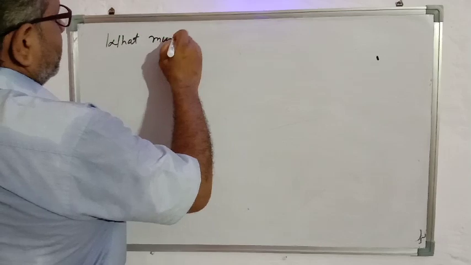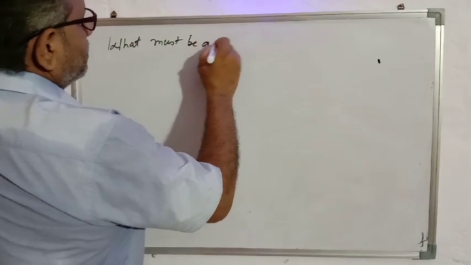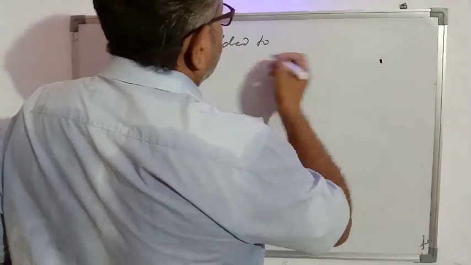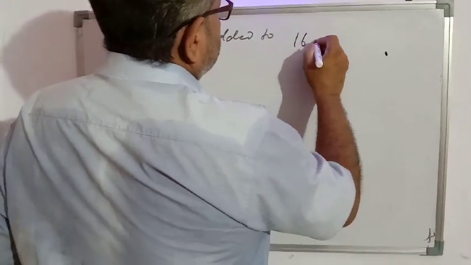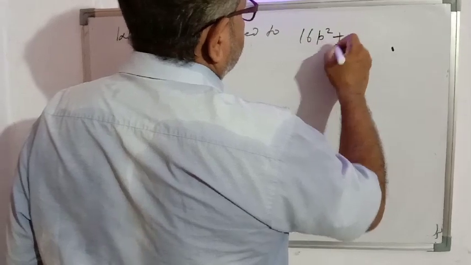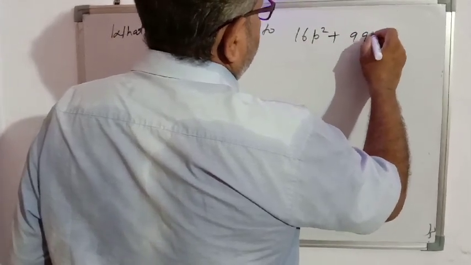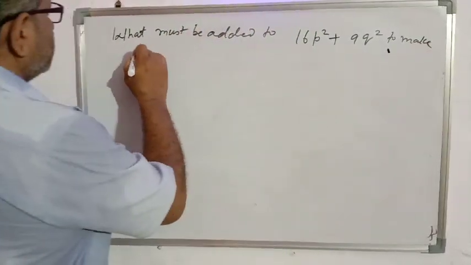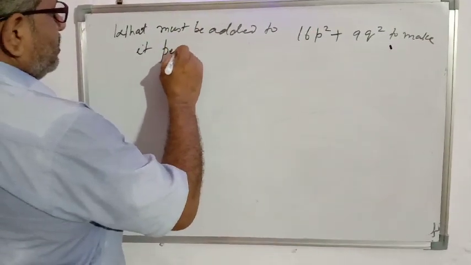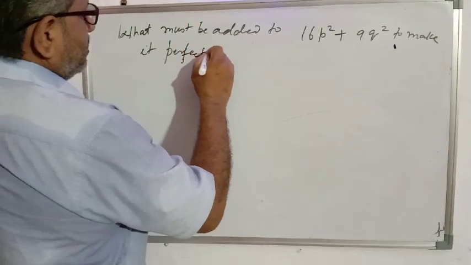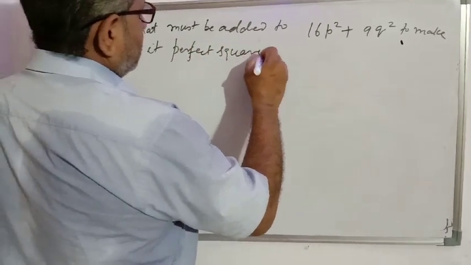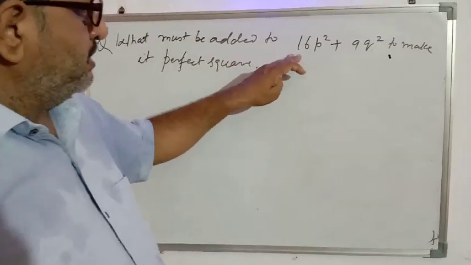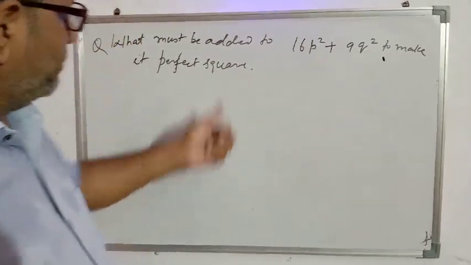What must be added to 16p square plus 9q square to make it a perfect square? This is the question. What must be added to this to make it a perfect square?